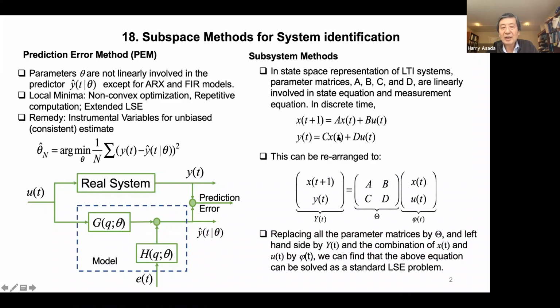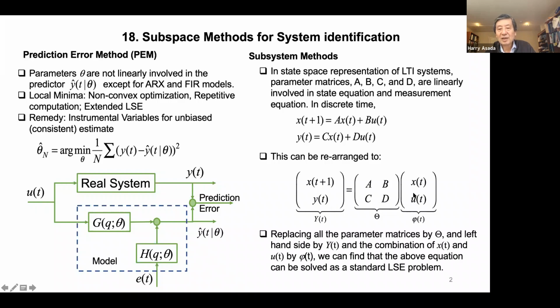Interestingly, in here, parameter matrices A, B, C, D are linearly involved in these two equations, right? In fact, you can combine these two equations and rewrite them in this form. I put x_{t+1} and y_t together here, and on the right-hand side, x_t and u_t are placed this way.